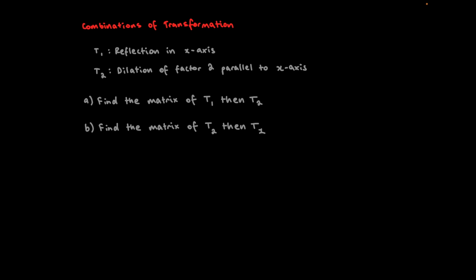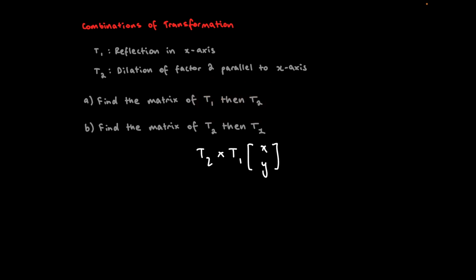Most people think that you would simply take T1, multiply it by T2, and that gives you the total transformation. However, if we transform a point (x, y), we always pre-multiply by the matrix T1, which gives us the transformation of T1.